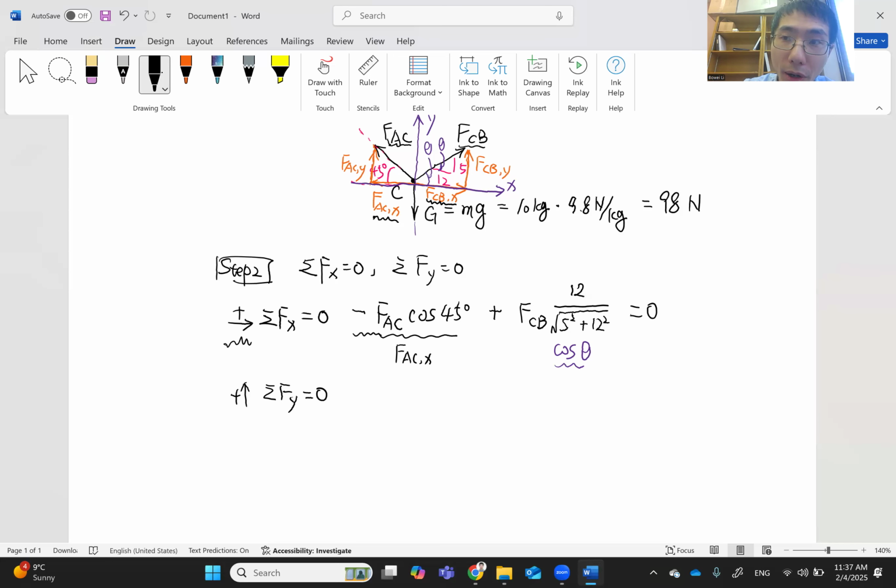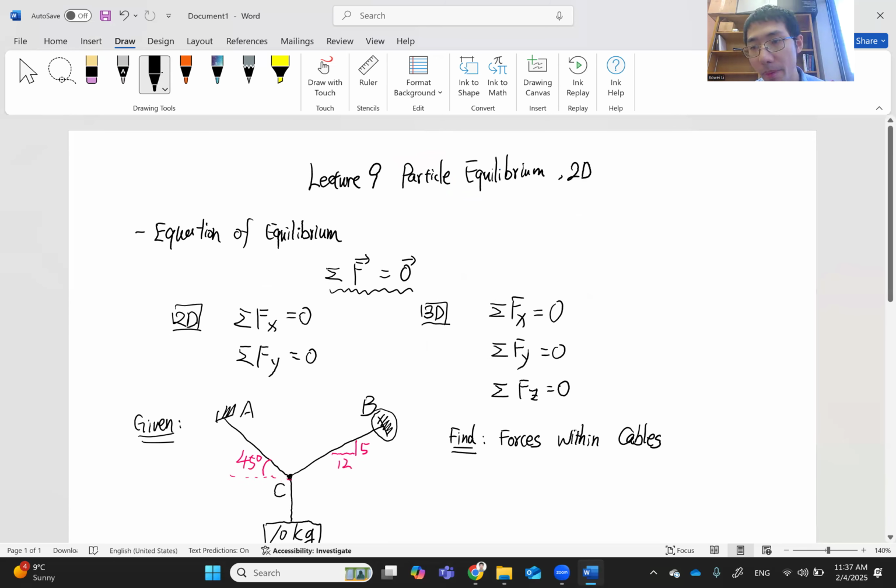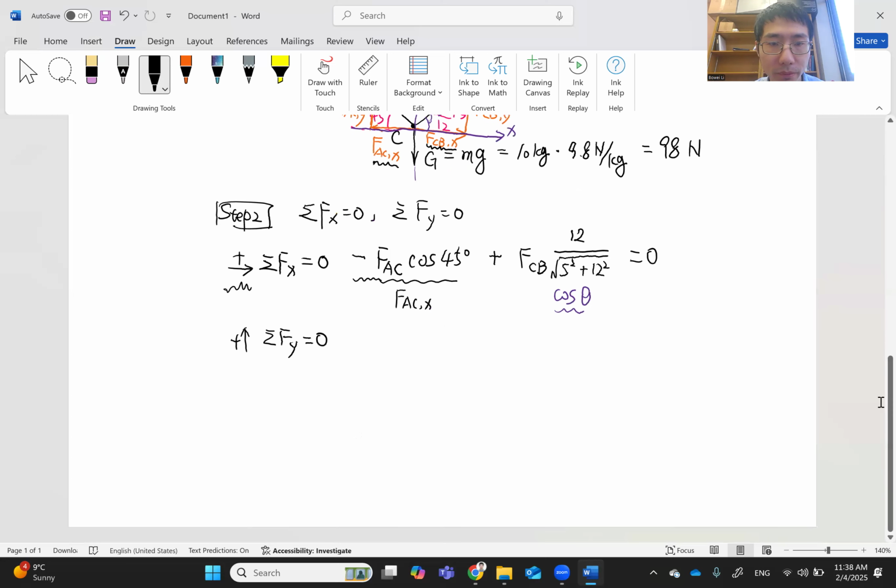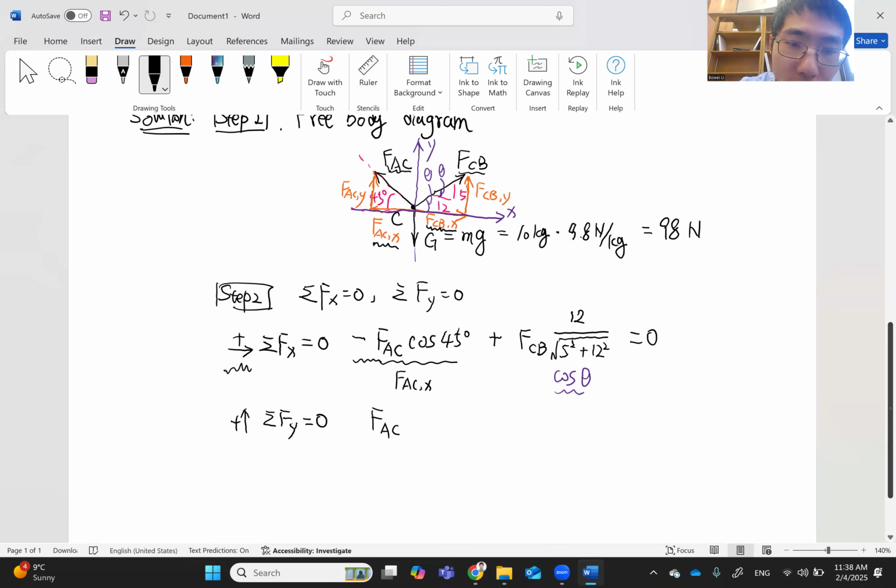And the opposite equals the hypotenuse times the sine of 45 degrees here, right? Positive or negative? Since FACY is going upward, it is positive, right? This is our FACY, plus.